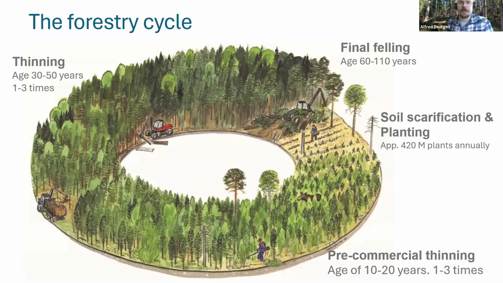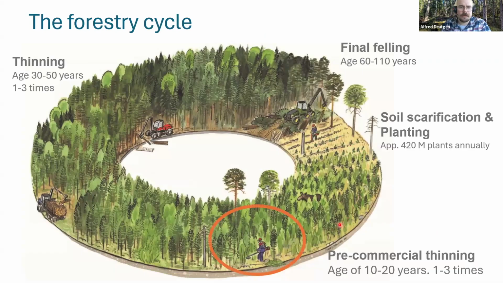The forestry cycle of Sweden, or you could say the most common practice, especially in southern Sweden, is you start with planting of spruce. Then you will have a lot of birch coming in with natural regeneration.